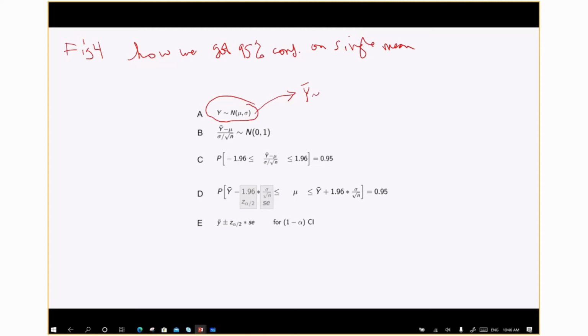They would also have a normal distribution with the same mean as the underlying population, but with a smaller standard deviation, because the big observations and the small observations are going to tend to average out, so it has a standard deviation of sigma over root n. And then you do a bit of algebra: take that formula, subtract the mean, divide by sigma over root n, and that gives us a standard normal distribution.